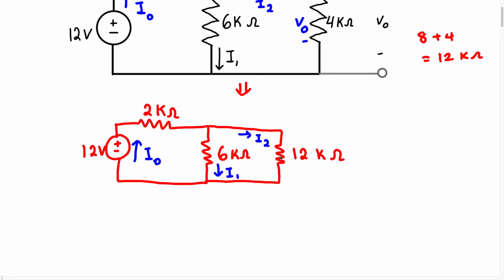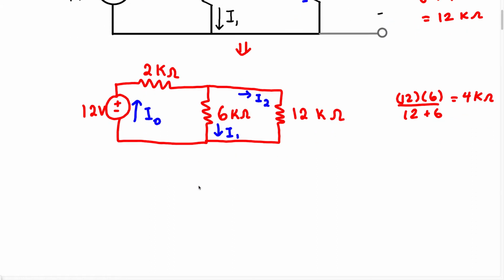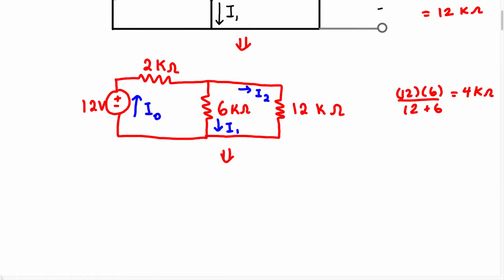So I'm going to find the parallel combination: 12 times 6 over 12 plus 6, which is going to give me 4. So we got 4 kilo ohm. Now when I redraw this circuit once again, the newly drawn circuit is going to look like this.